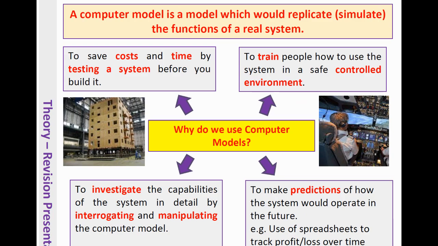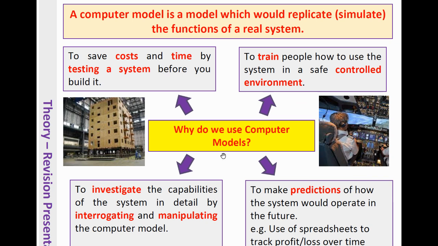However, with a simulation, you can't really relive the same stress. So if you were in a plane and something happened, or if you're in a simulation and the same thing happened, obviously you'll be more relaxed in the simulation. So you can't replicate everything exactly, but it's a tool to train pilots in a safe environment.